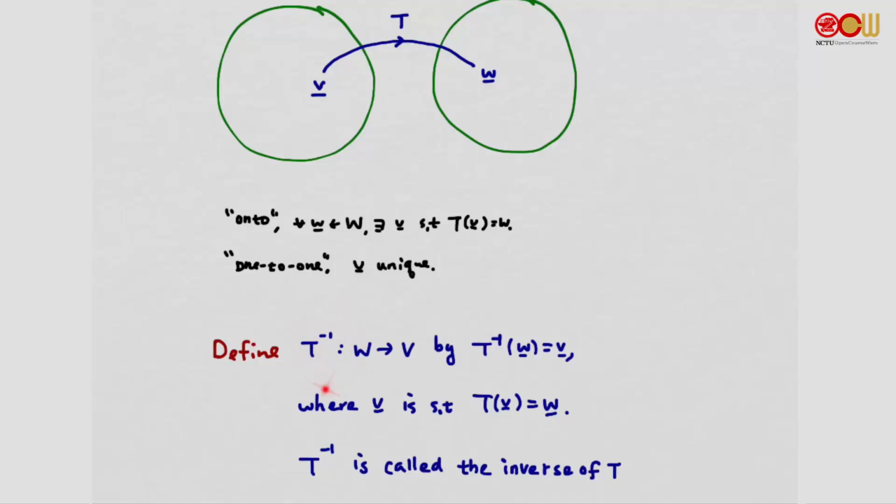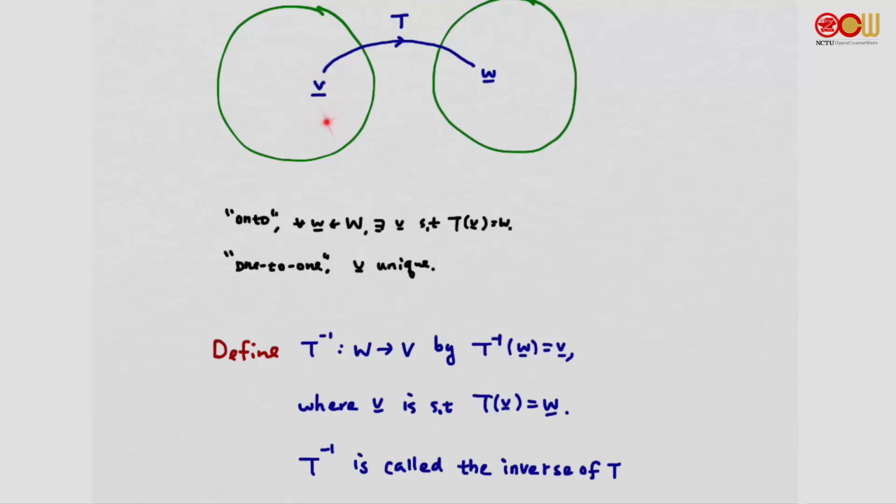So let's define this. The T inverse function is from W to V, and T inverse of W is equal to V. And what is this V? This V is the vector such that W is the image of V. Because we know for any vector W here, there's a unique vector in V so that W is the image of that vector.